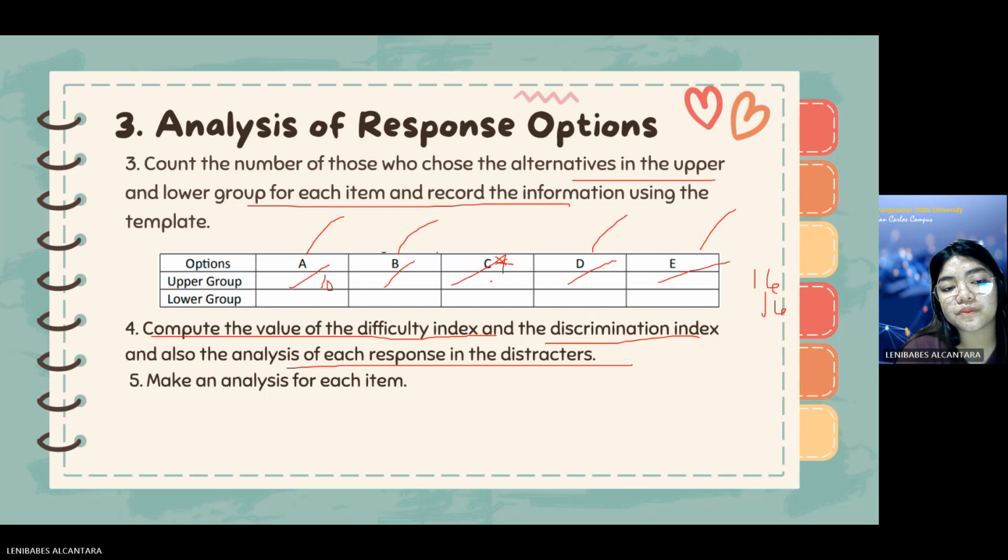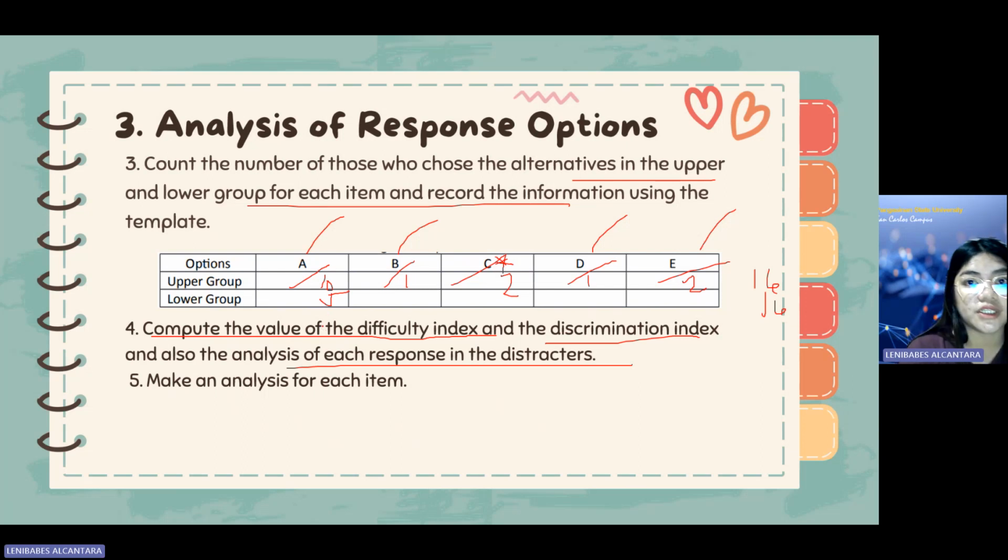Tapos, dito, 2 lang. Tapos, isa dito, 10 plus 1, that's 11 plus 2, 13, 14. 2 dito sa E. Effective pang distractor si A. Tapos, ang nagsagot sa A dito ay let's say 5. Diba? Mas maraming nalito sa upper group kaysa sa lower group.